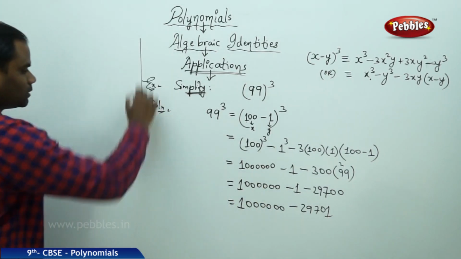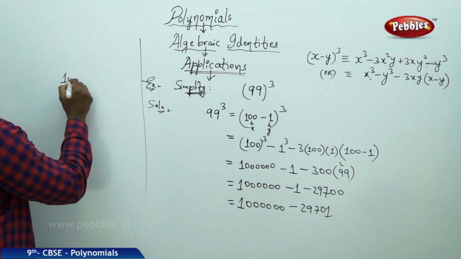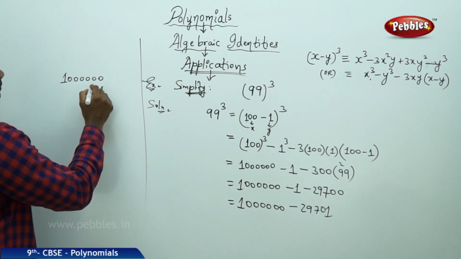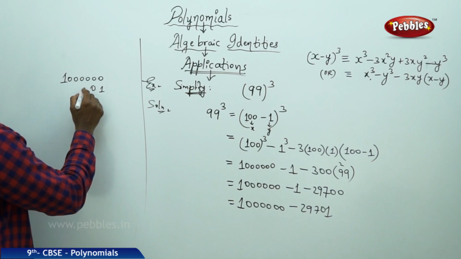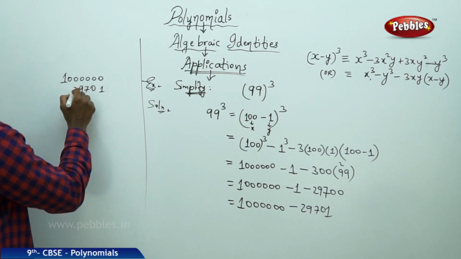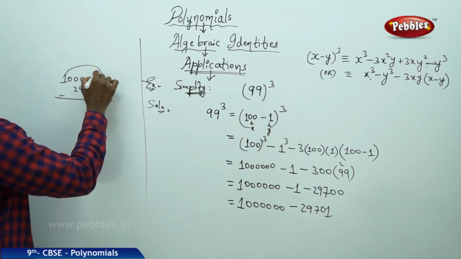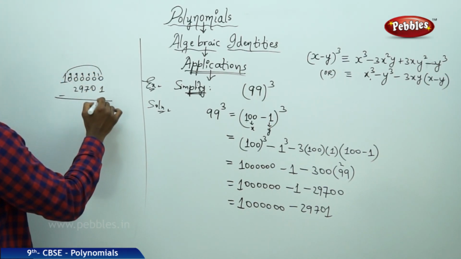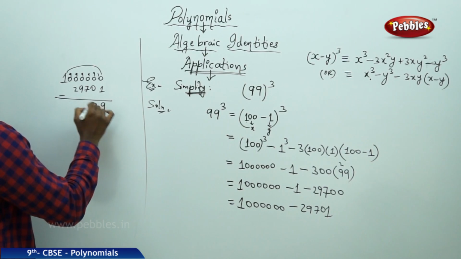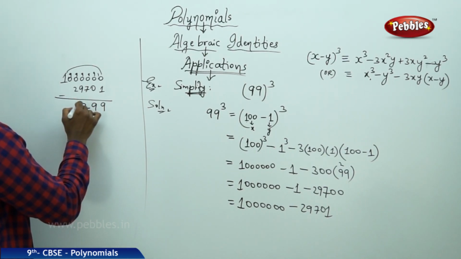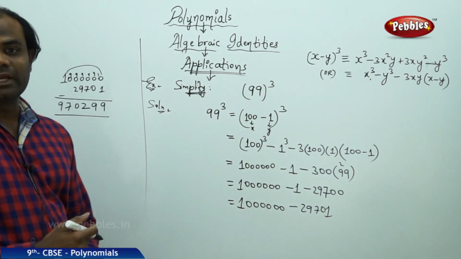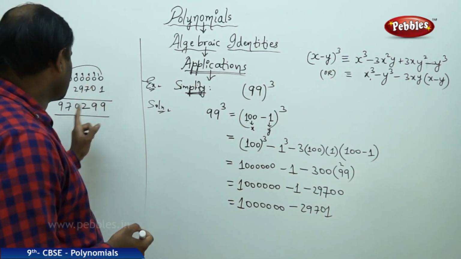As we know, the subtraction of 10 lakhs minus this number is what we get when we subtract this number from this.